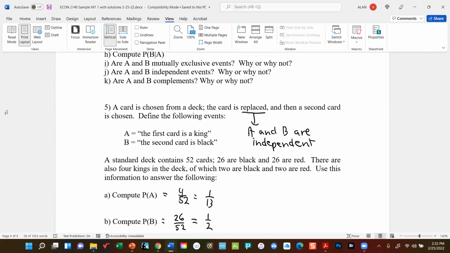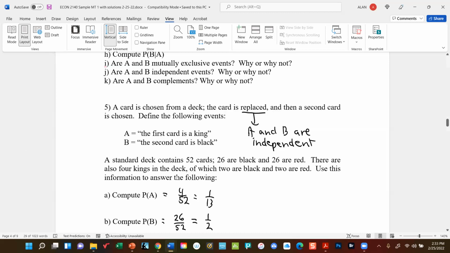Because we replaced the first card before we pick the second one, that implies that A and B must be independent of each other. Okay, so in other words, whatever happens on the first card and on the second card are independent of each other. That's going to be important as we go along. That's a very important piece of information.